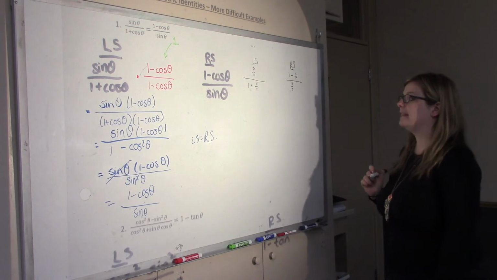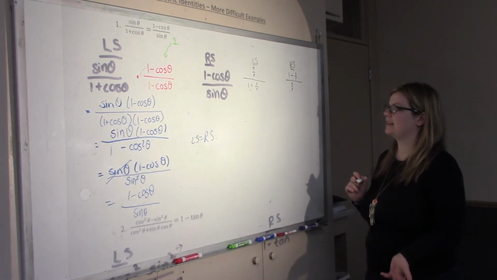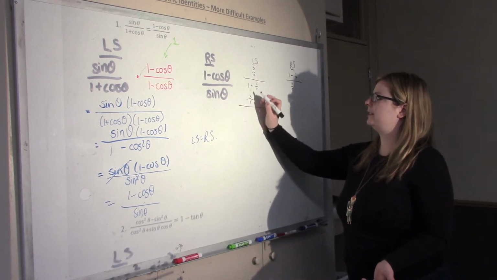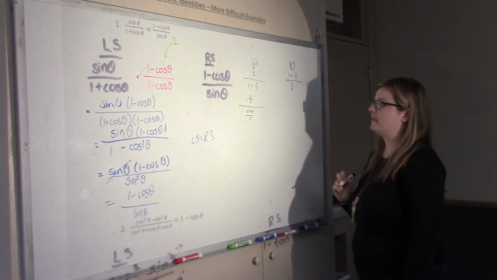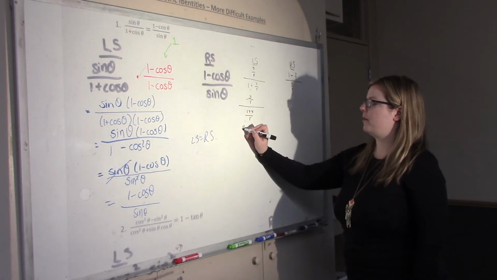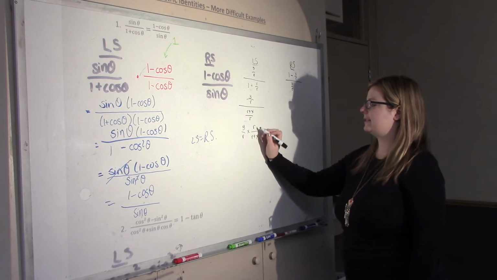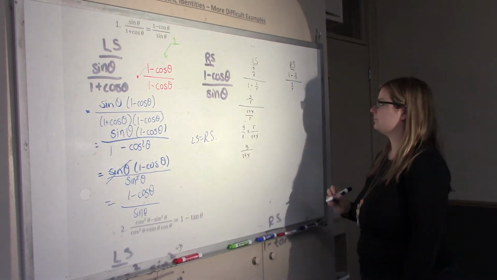And you can manipulate this using your algebra skills until you have left side equals right side. So you would have y over r all over r plus x over r. Okay? Because I just got a common denominator there. So that would be y over r times r over r plus x. The r's cross off, so I would have y over r plus x.